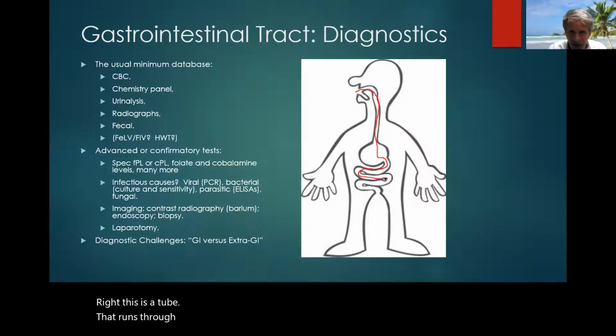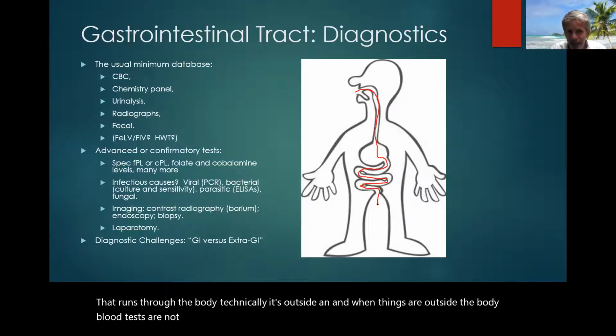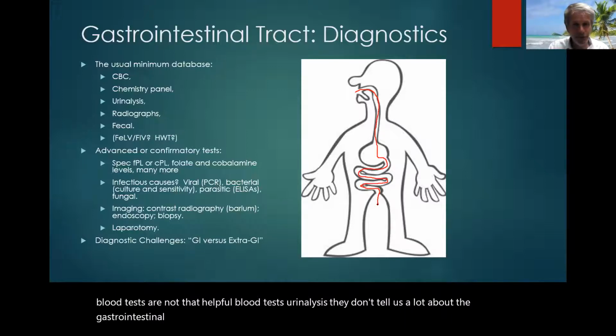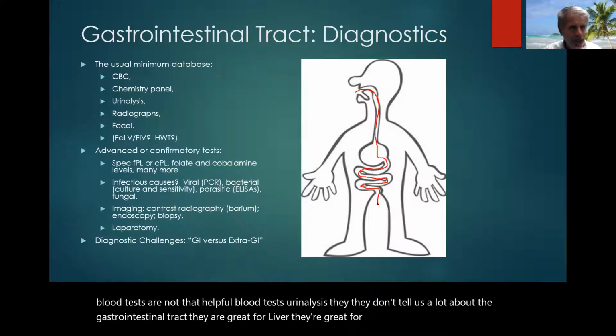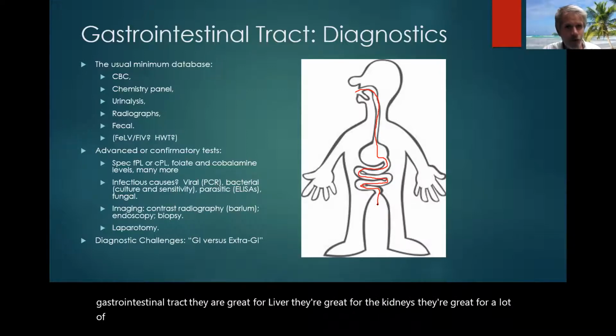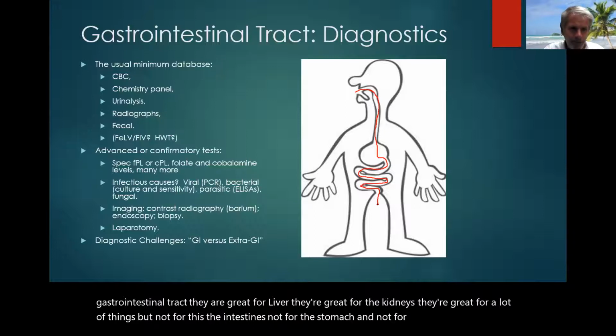Technically, it's outside, and when things are outside the body, blood tests are not that helpful. Blood tests, urinalysis, they don't tell us a lot about the gastrointestinal tract. They're great for the liver, they're great for the kidneys, they're great for a lot of things, but not for the intestines, not for the stomach, not for the esophagus. So that's important for clients to know.